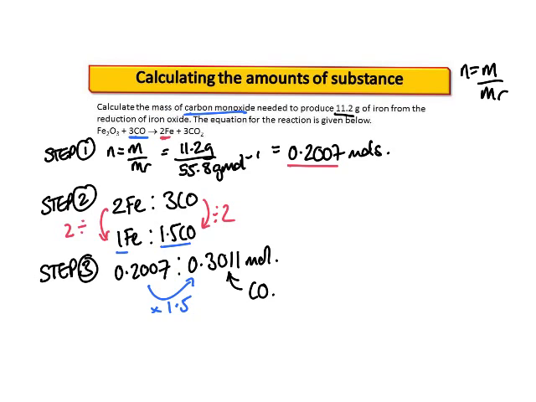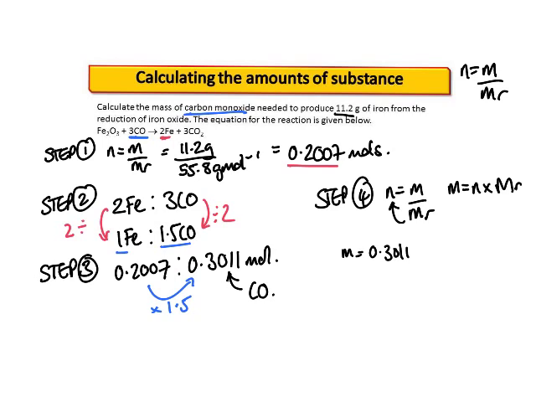So step 4, we just rearrange N equals mass over Mr to make mass the subject. So mass equals number of moles times Mr. We've worked out the number of moles in this section, so we can input that here, and then times the Mr. Now the Mr is just going to be the sum of a carbon and an oxygen, so this obviously is 28.